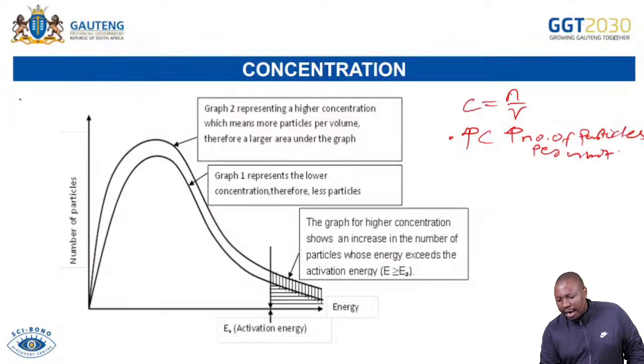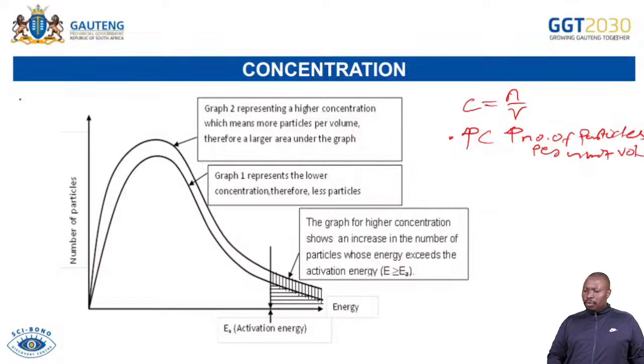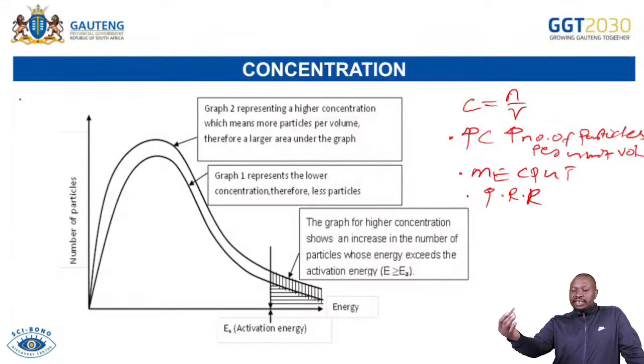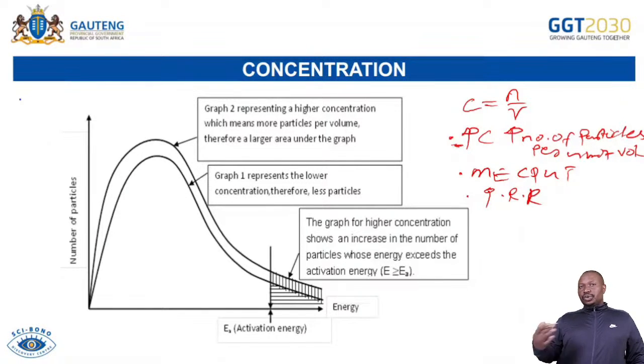That is bullet number 1. And then you will have more effective collisions per unit time, and then you will increase the rate of reaction. So the order is the same. The only bullet that we are changing is the first one. When you are dealing with concentration, you change the first bullet.